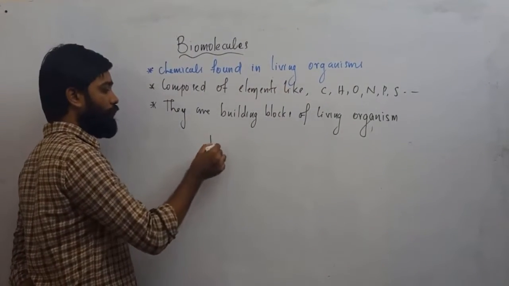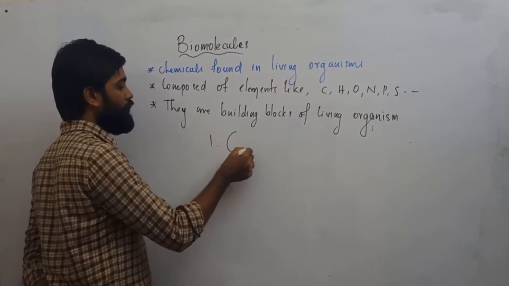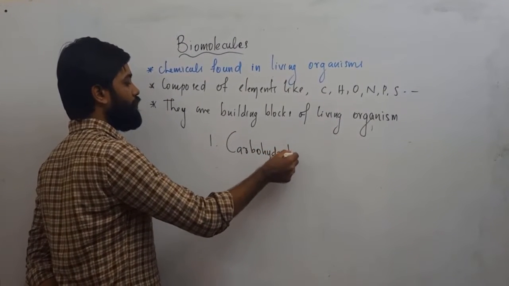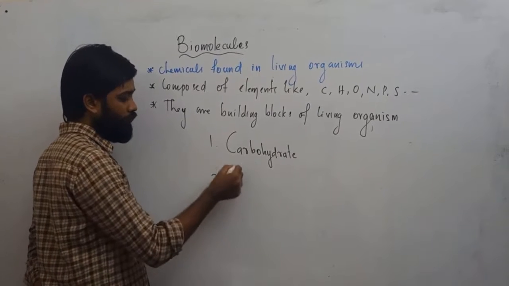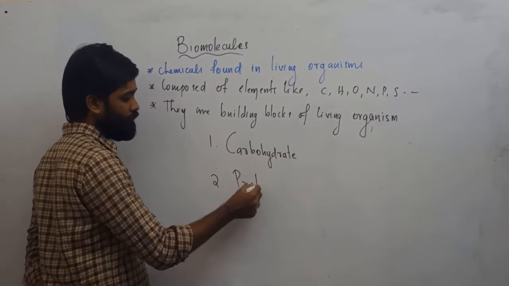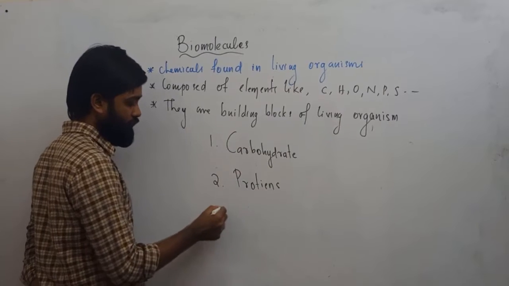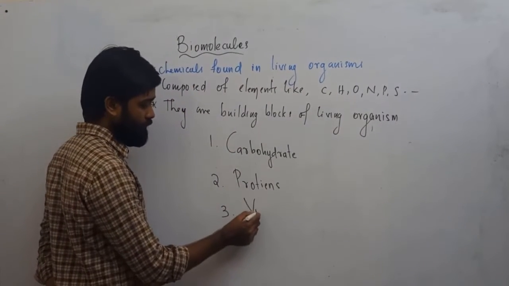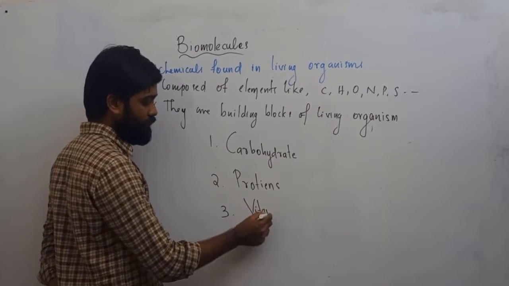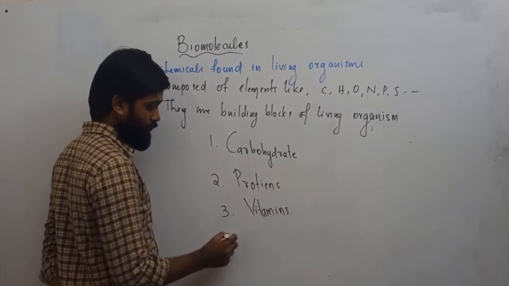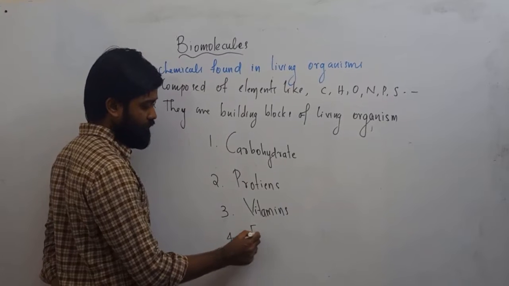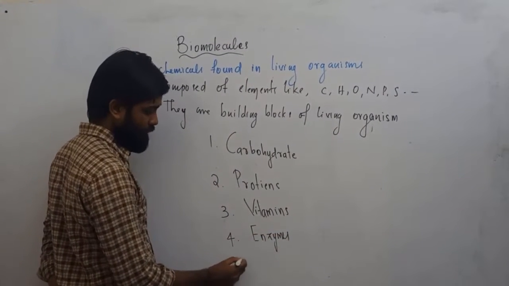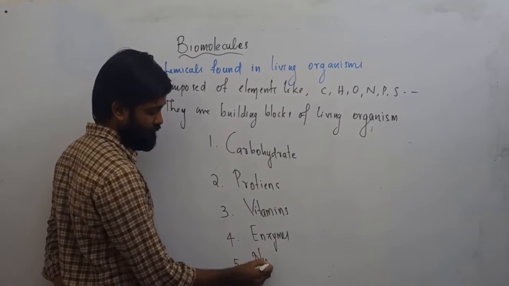In this chapter, we have to discuss the biomolecules like number 1, carbohydrates; number 2, proteins; number 3, vitamins; number 4, enzymes; number 5, nucleic acids.